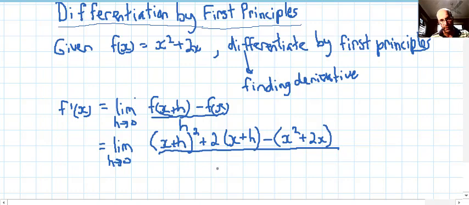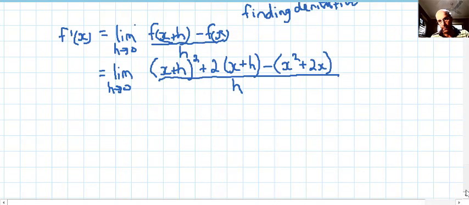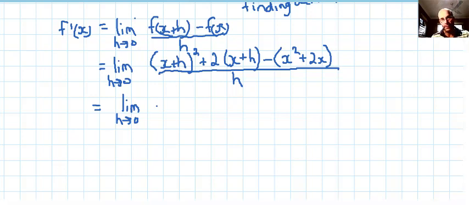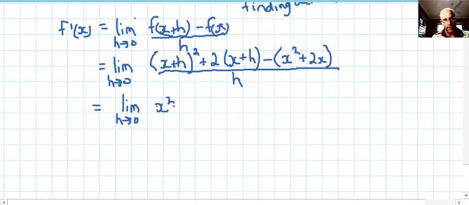Remember brackets around that because both of those terms will be subtracted. Okay, over h. You should have picked up by now, if you've been paying attention, that you always just get h on the bottom. So we might as well just stick with that. So in this case, we expand and we have x squared plus 2xh plus h squared.